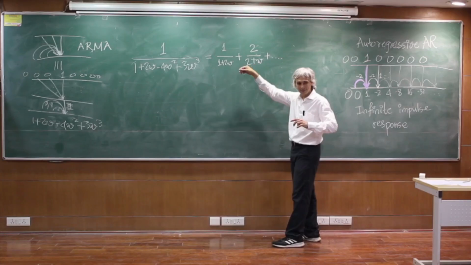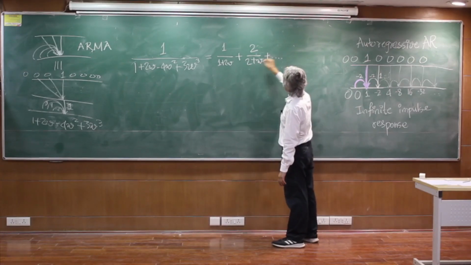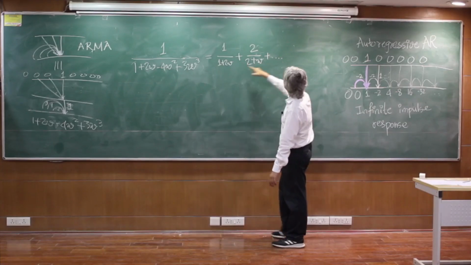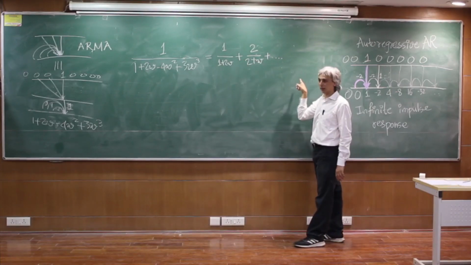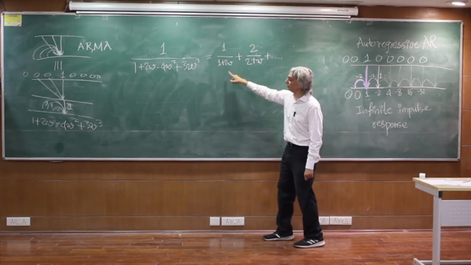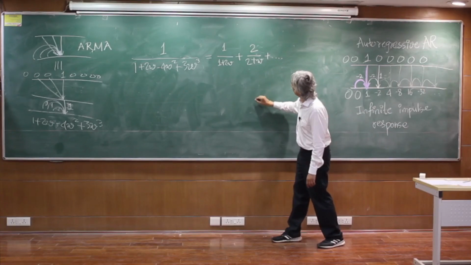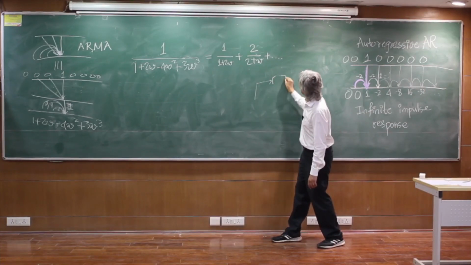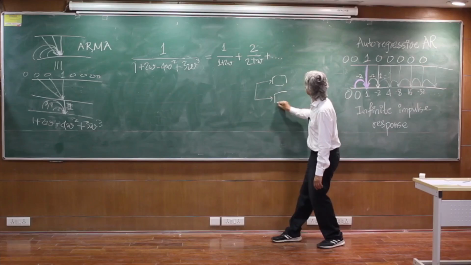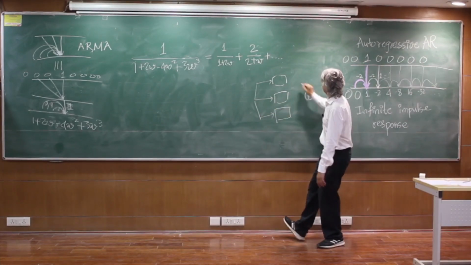It's easy to do. You will see that it's easy to do. And you end up with some structure that looks like this, okay? So, this structure is now a lot of tiny ARMA filters in parallel to each other, correct? Because you are adding them now. Is that right?